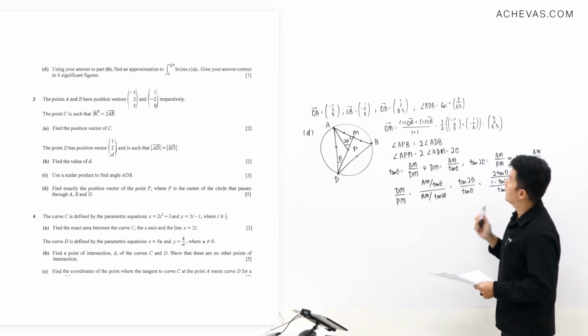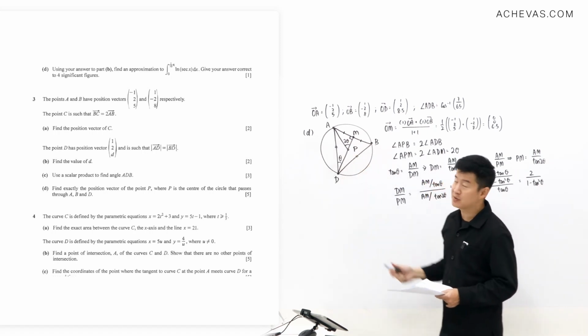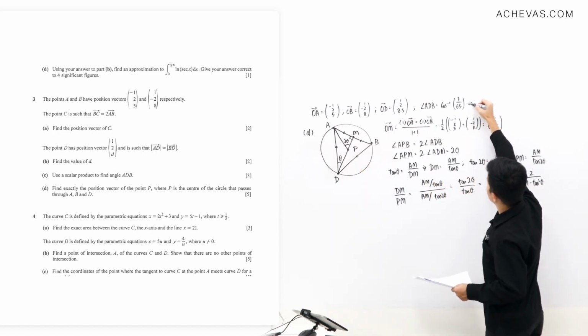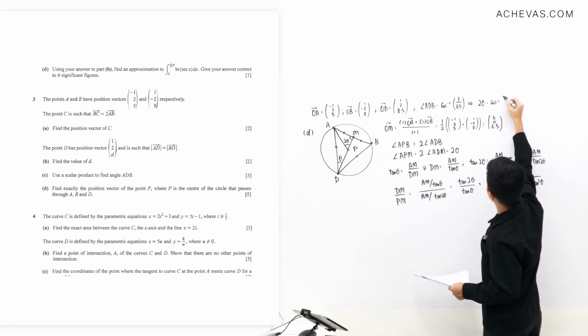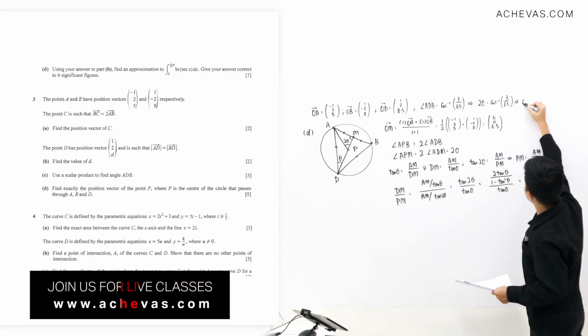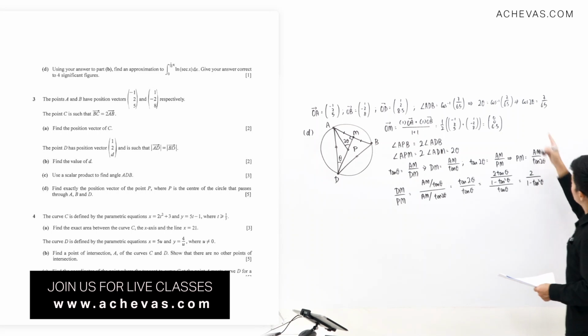And what is angle ADB? Angle ADB is going to be 2 times of theta, which means that from here, we can actually write 2 theta is equal to cosine inverse of 7/65. This tells me that cosine 2 theta is equal to 7/65. And let me quote this.